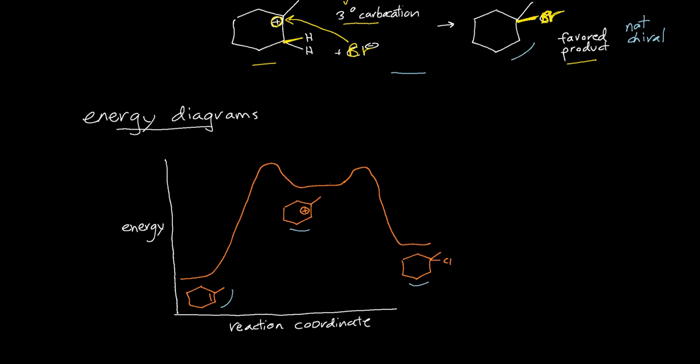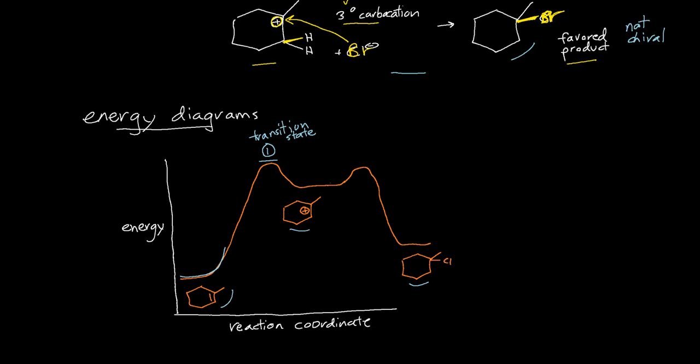So the energy climbs during the reaction usually to initiate it, leading to a transition state. I'm going to label this transition state 1. This is going to help us understand reaction dynamics a lot better.